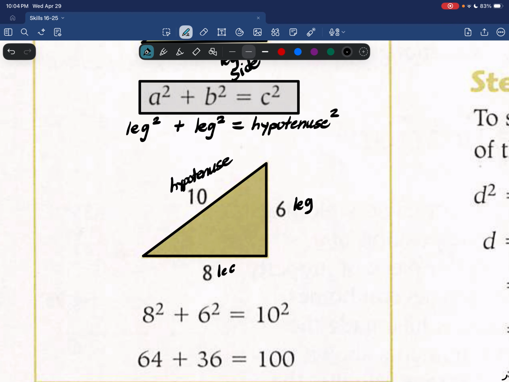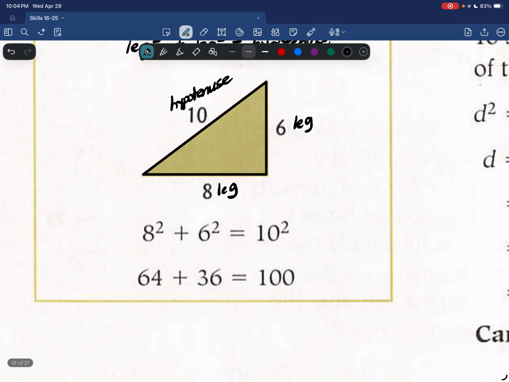And let's see if this formula proves true. One leg squared plus the other leg squared equals the hypotenuse squared. 8 eighths are 64. 6 sixes are 36. And 10 tens are 100. So this proves to be true.